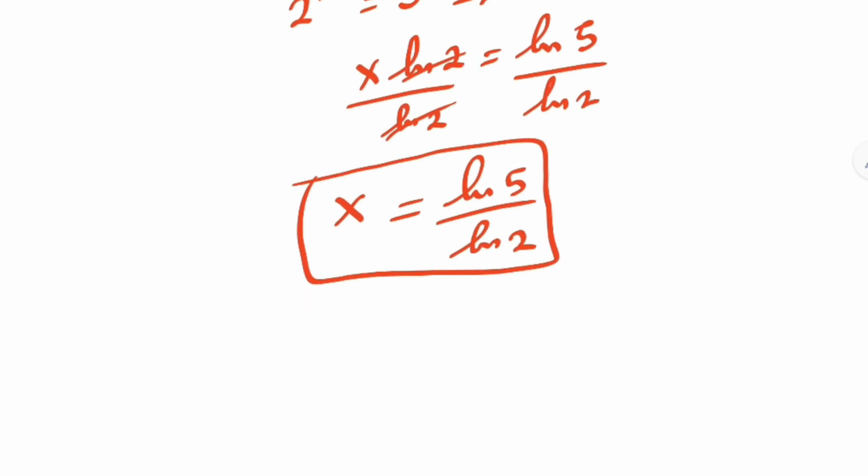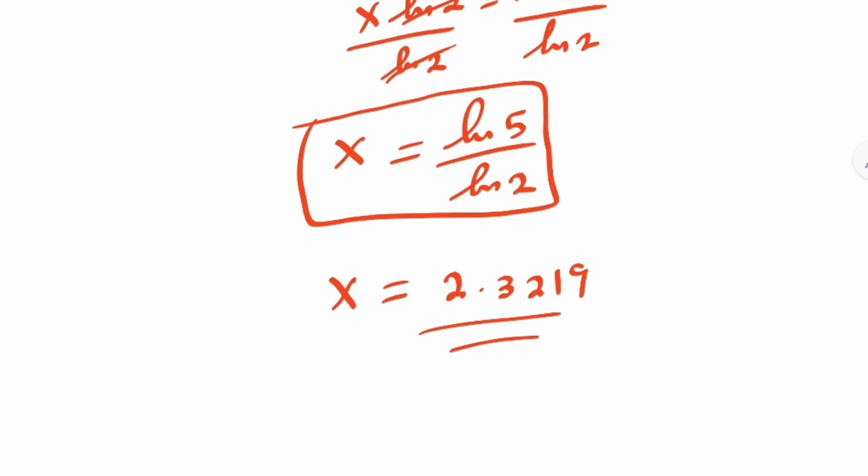If you want to use a calculator, x will be equal to 2.3219. If you want to use your calculator, we may check to confirm if this answer is right or wrong. Let's check.